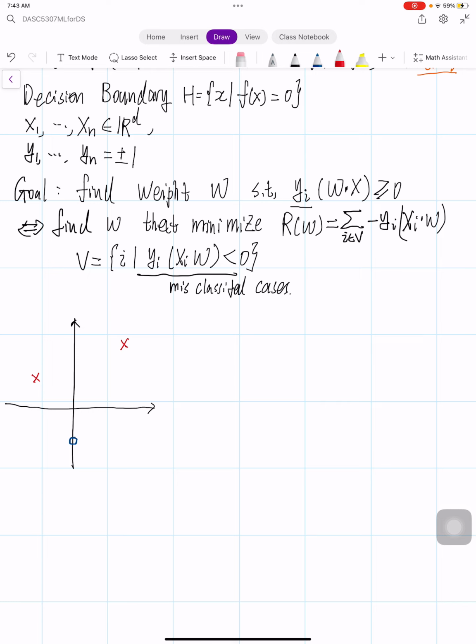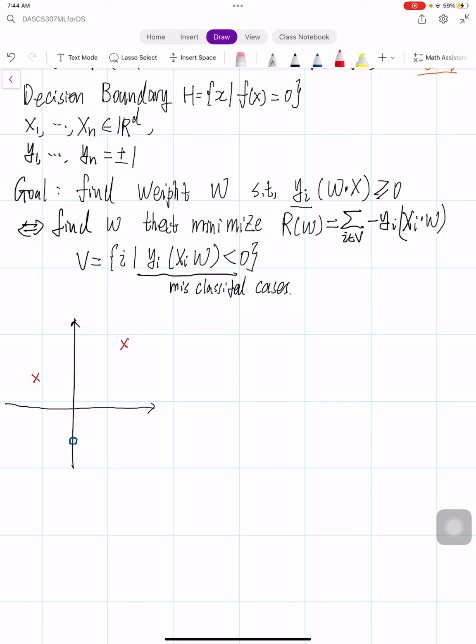Now the question is, how do we find the decision boundary that can correctly classify these 3 dots, which is very simple in this case, right?